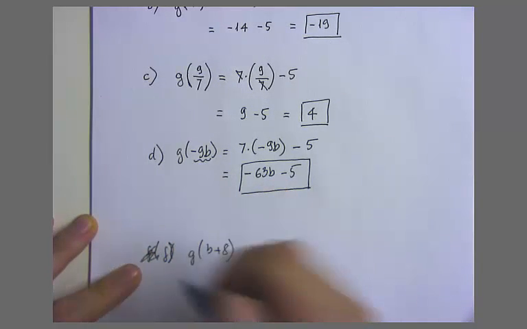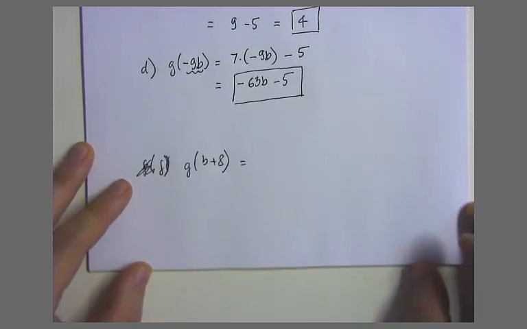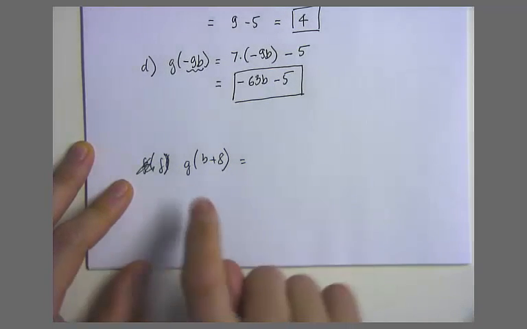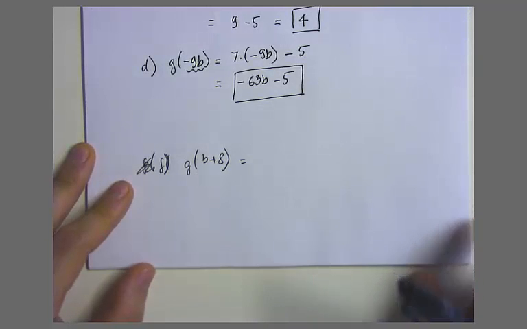Okay, and then if you look back to your Course Compass problem, part E of the problem is asking me to evaluate the function g at the input argument b plus 8. Once again, it's the exact same idea.